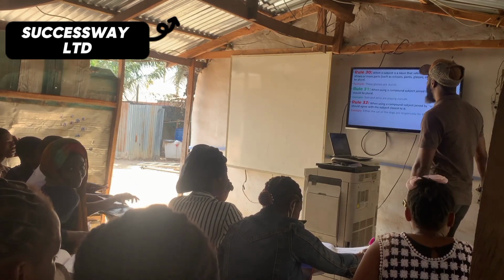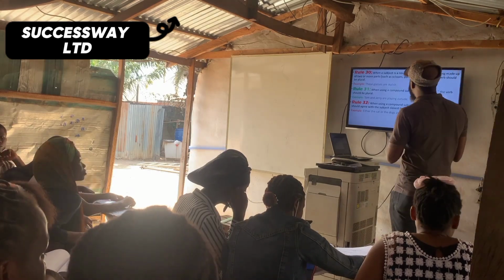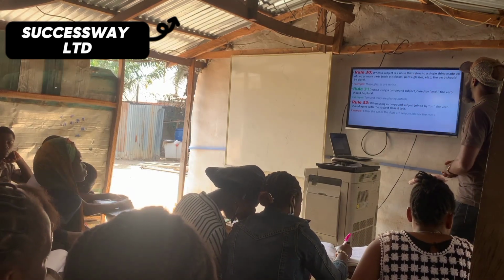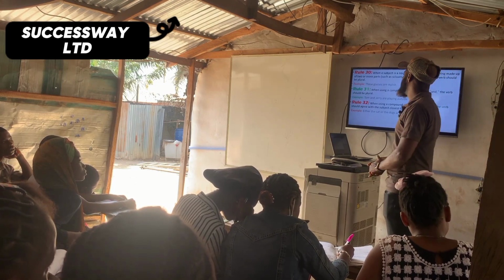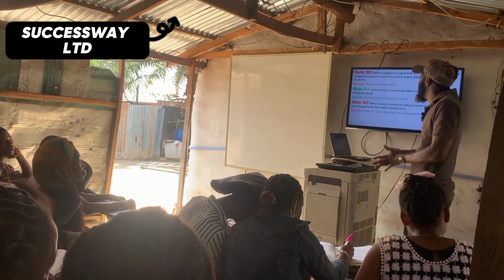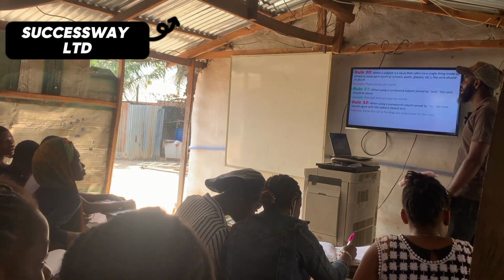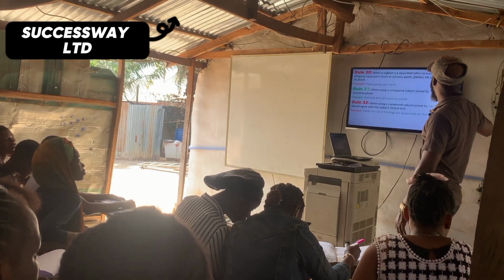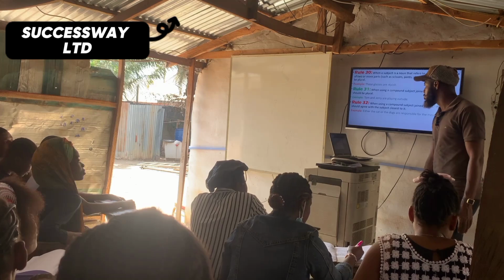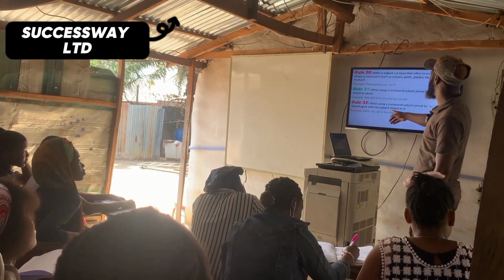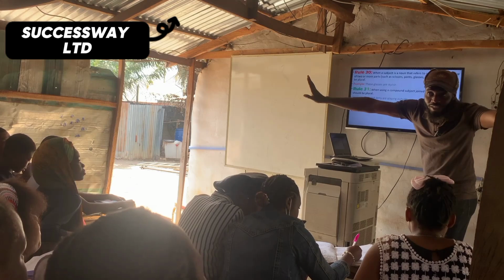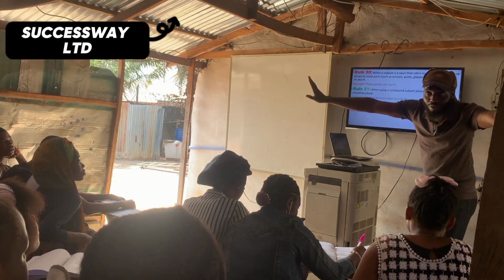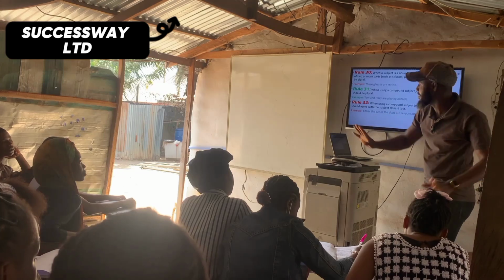Rule 31. When using a compound subject joined by and, the verb should be plural. Tom and Jerry are playing outside. When using a subject joined by or, the verb should agree with the subject closest to it. You explained this already, right?